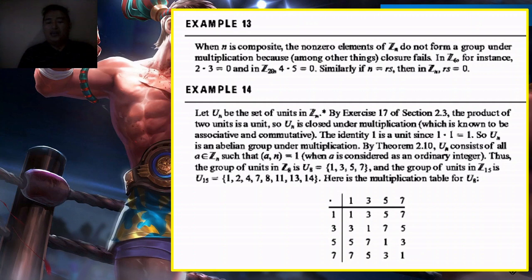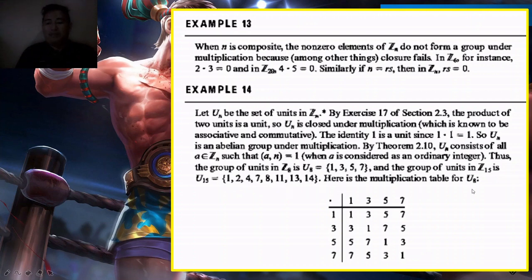Inig-multiply nimo sila, ang result kay dili siya mo-equal sa 0, in Zn. So, next, the group of units in Z15 is 1, 2, 4, 7, 8, 11, 13, 14.